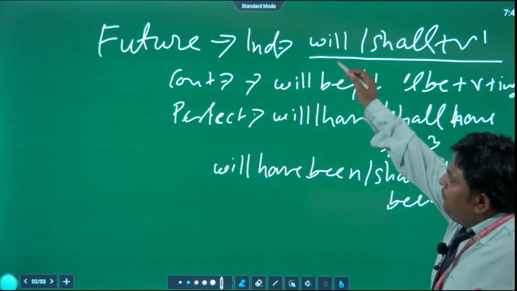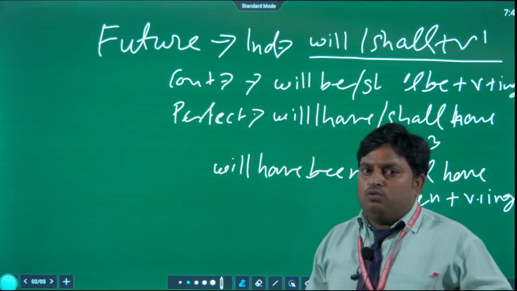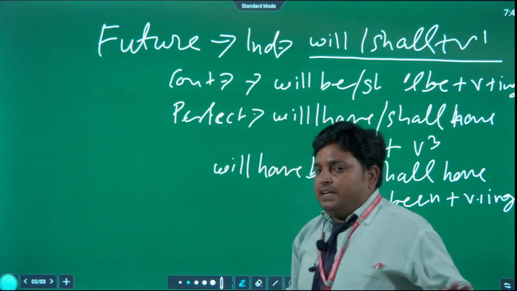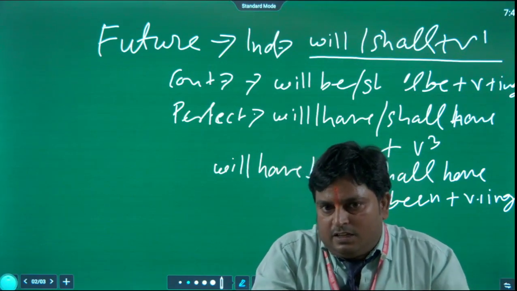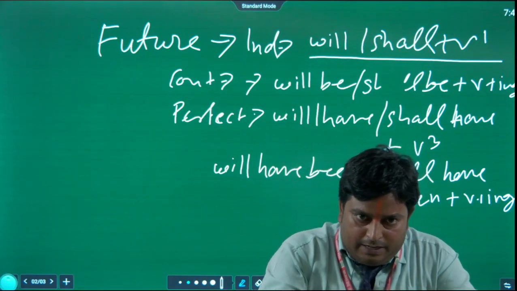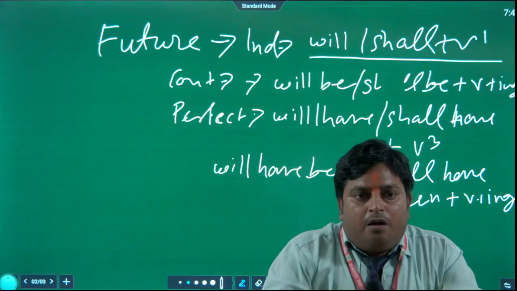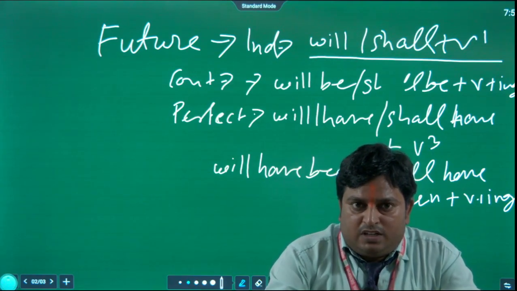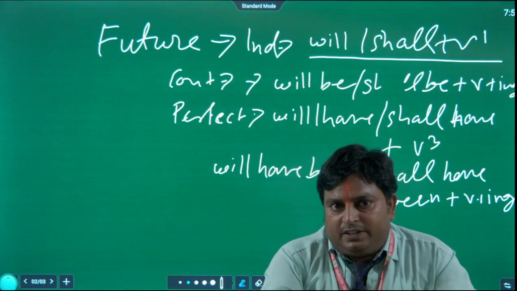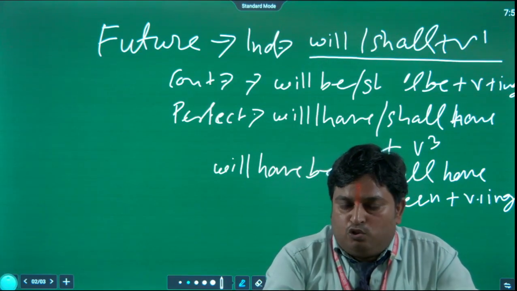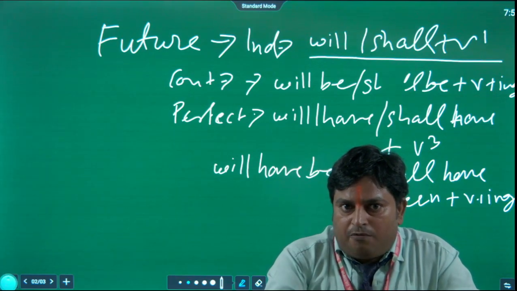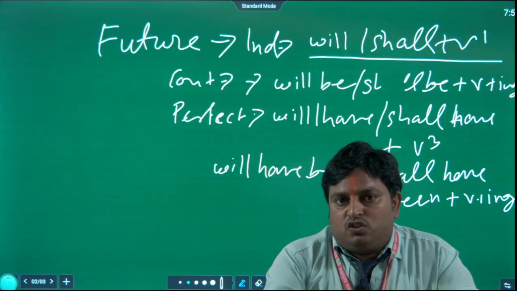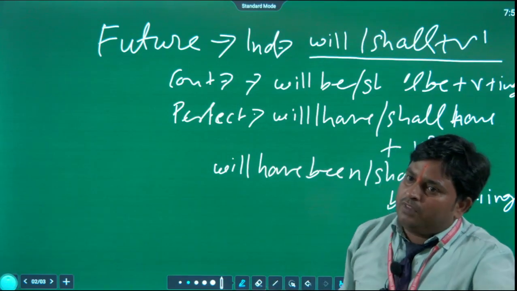Now in the affirmative sentence, what I have told you about the structure of tense: present indefinite tense, past indefinite tense, future indefinite tense, and next present continuous tense, past continuous tense, future continuous tense, present perfect tense, past perfect tense, future perfect tense, and the last of every tense, present perfect continuous tense, past perfect continuous tense, future perfect continuous tense.